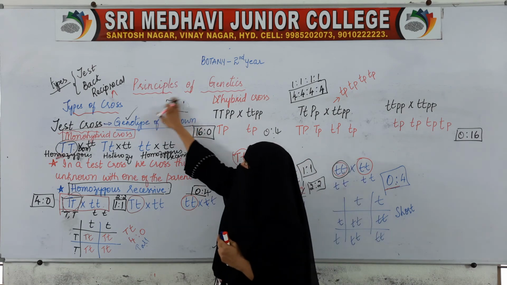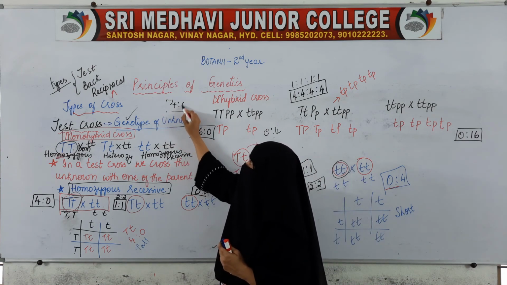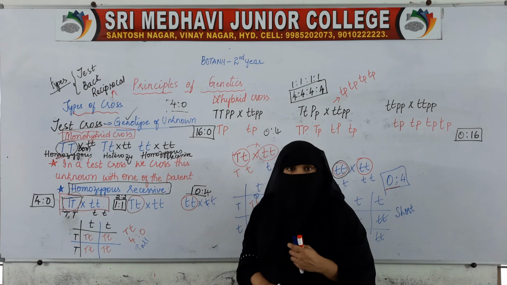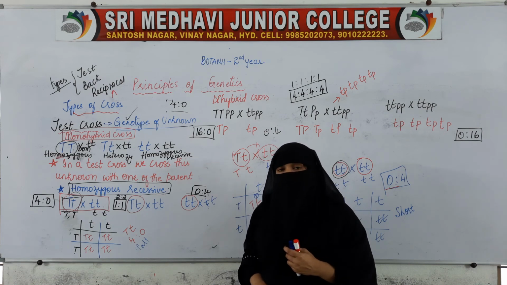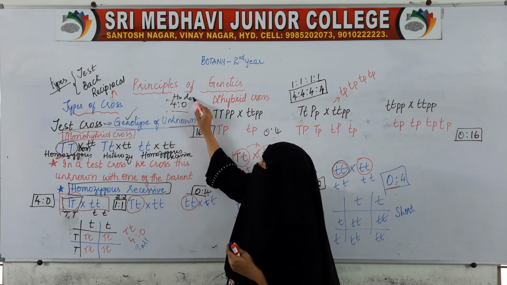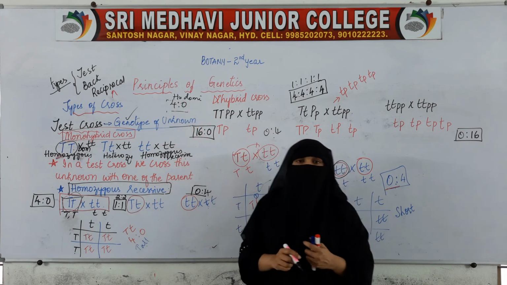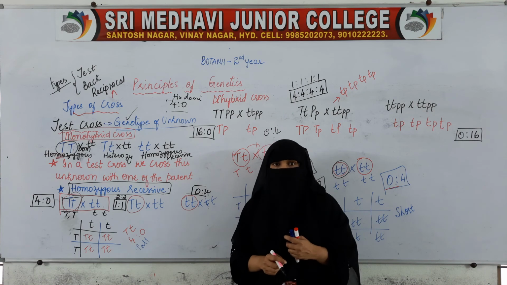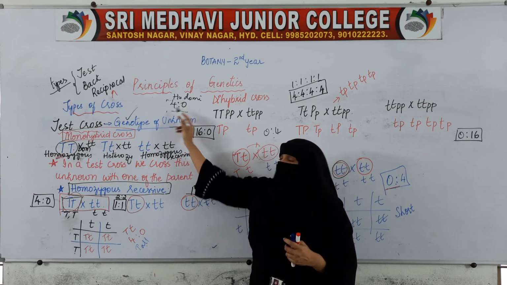But if we have the ratio as 4:0, then what type of genotype do we have? It will be homozygous dominant. So we just have the ratio.